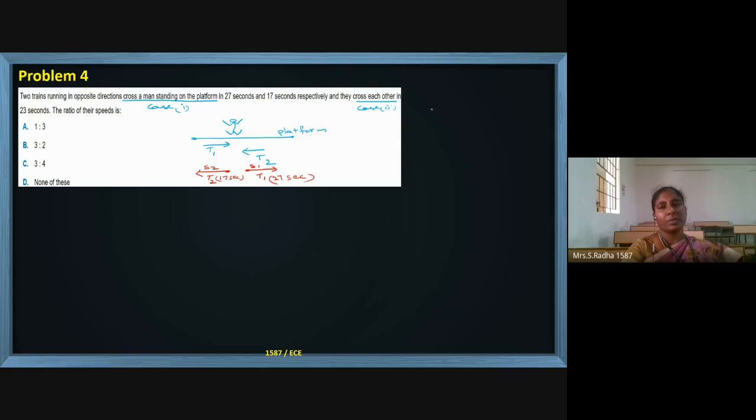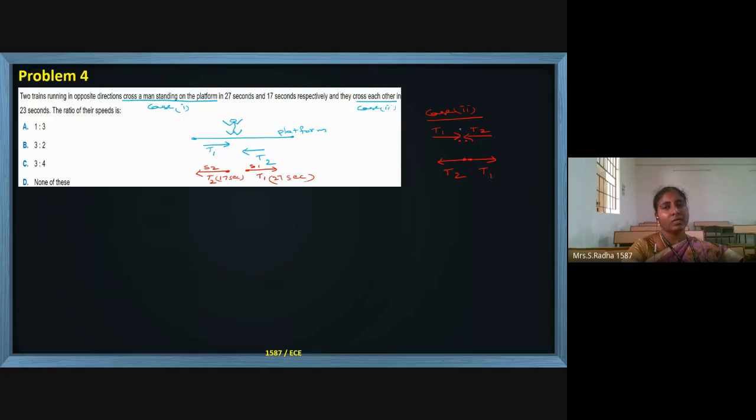Now I am going to case 2. It is given they are crossing each other, moving in opposite direction. Let this be train 1, let this be train 2, and their heads are here. Train 1 is coming out of train 2 and train 2 is coming out of train 1. They have crossed each other, their tails just crossed.